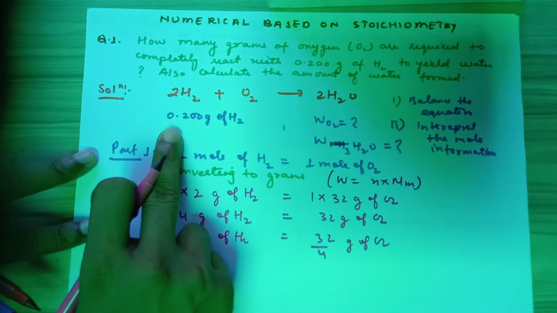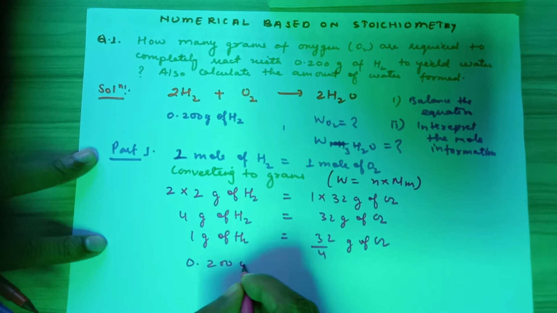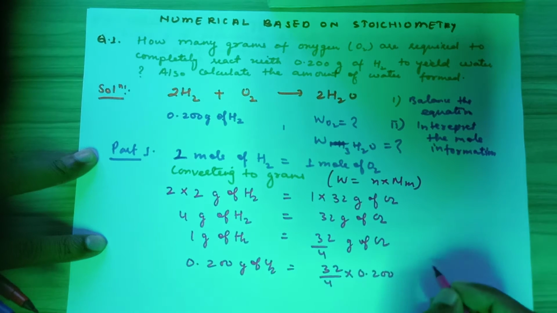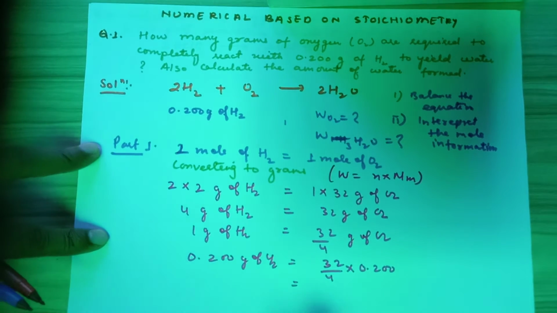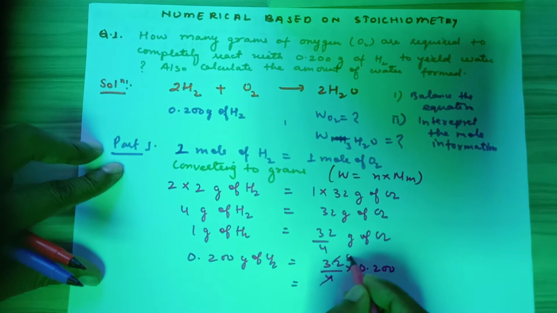Now we are given 0.200 gram of H2. So 0.200 gram of H2 reacts to give, just solve it. 4 8s are 32, 8 2s are 16, so it will be 1600.